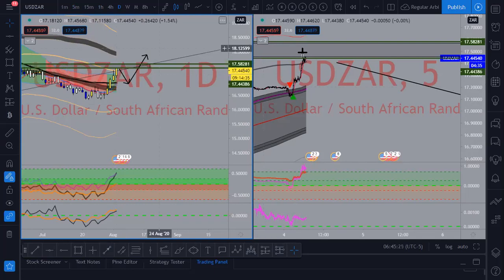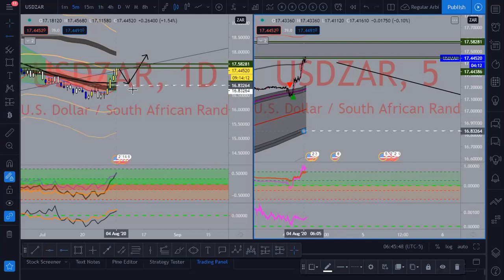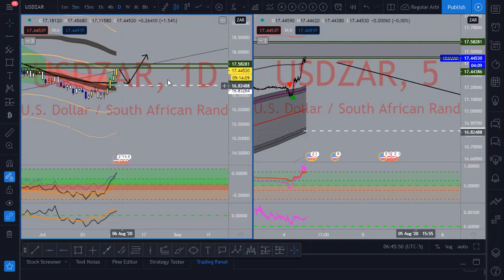But if price does respect the zone, then this looks like a good potential sell where you could take price down to just the lower danger zone and then continue it to the upside, because I'm pretty sure that this matches up perfectly with what I want to see.